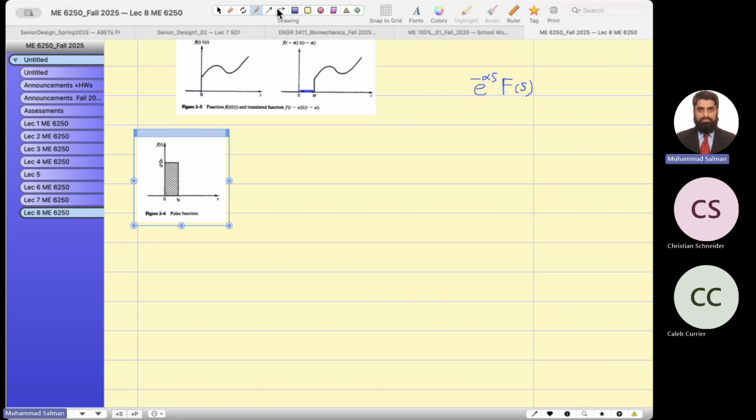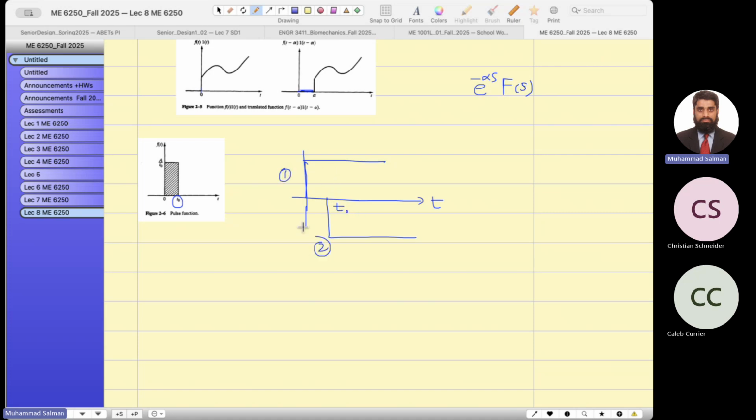Can I write down this function like this, the step function, and then it is delayed at t naught. This is the t axis. This is starting. So what if you add these two functions, which are two step functions? One is at a over t naught, one is at negative a over t naught. Then you can easily find the Laplace transform.